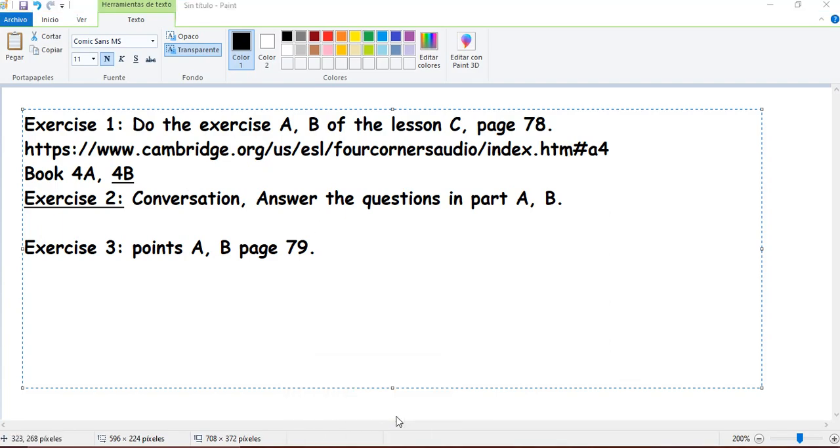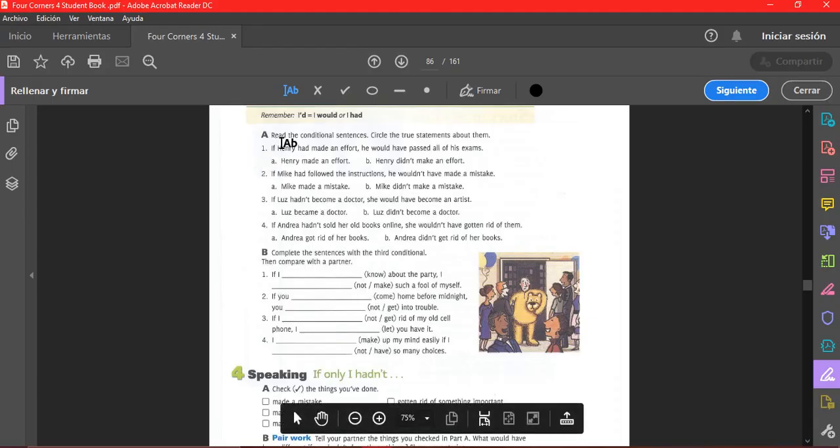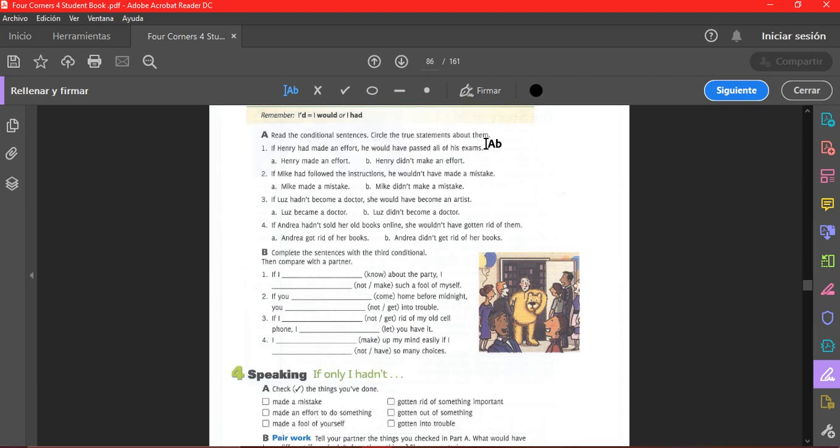In number 1 you read the conditional sentence and circle the true statements about them. So you have the sentence in the third conditional and you have two possible options to explain this sentence, so you're going to choose the corresponding one, something like this. You choose the number 1 where it is not. Okay, but this is just an example.